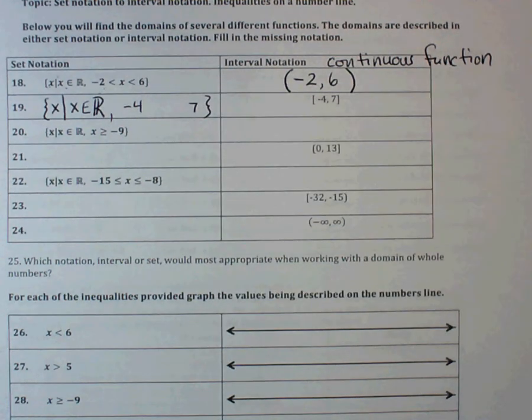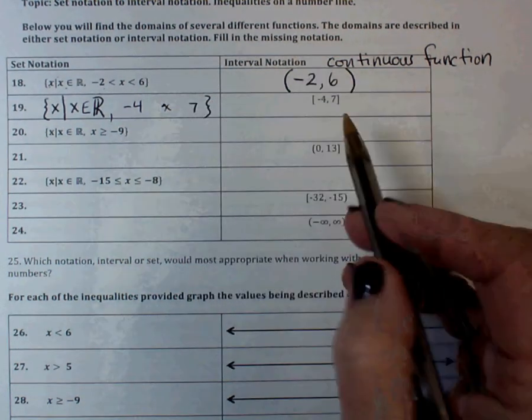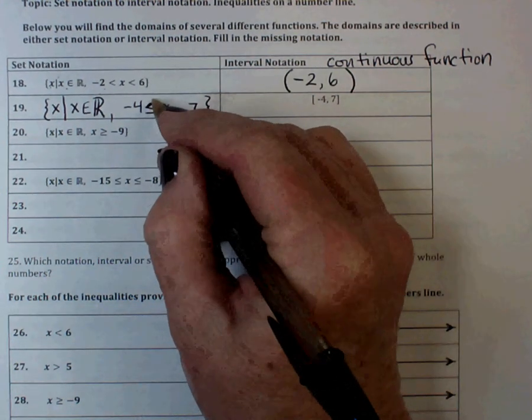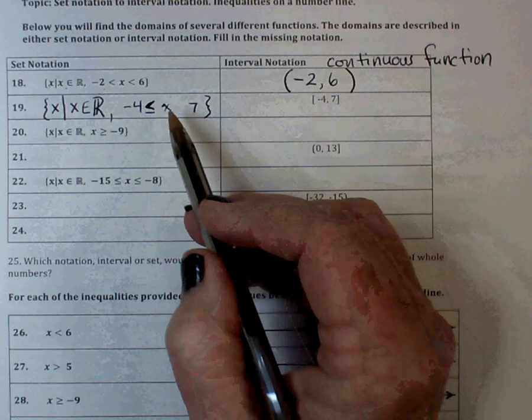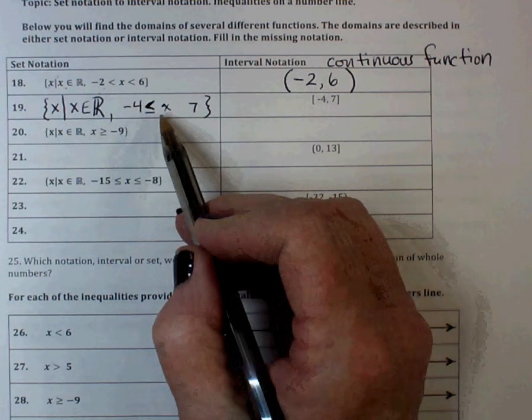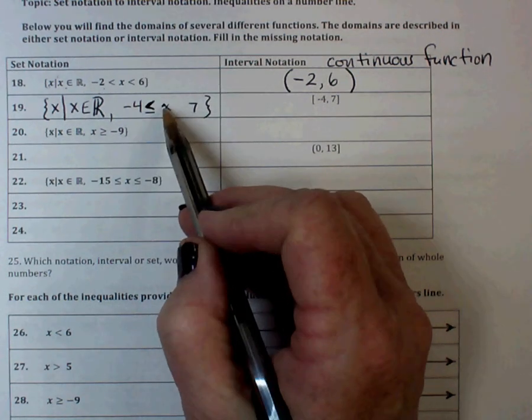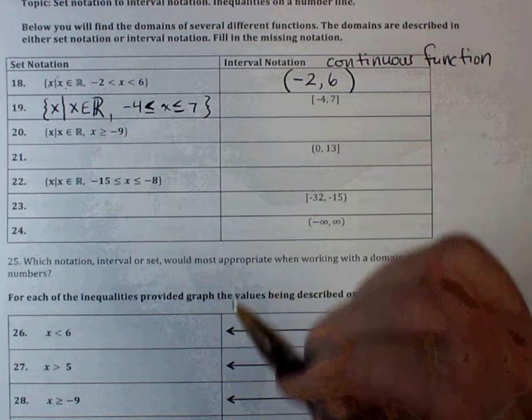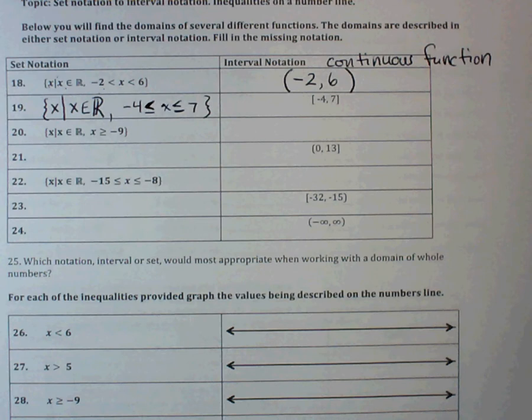And then in the middle I'm going to have my X. And then square bracket. So I'm going to write a less than or equal to sign. So -4 is less than or equal to X. And then square bracket here, so we need the or equal to as well. So that's kind of all there is to it.